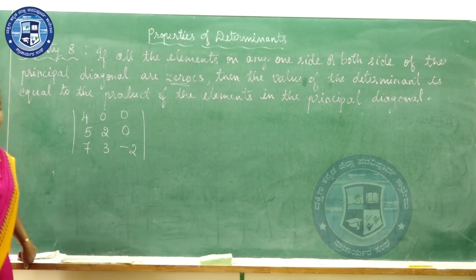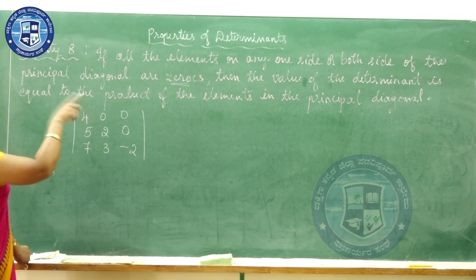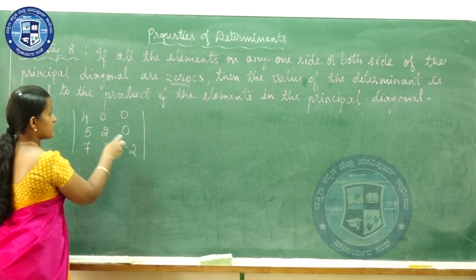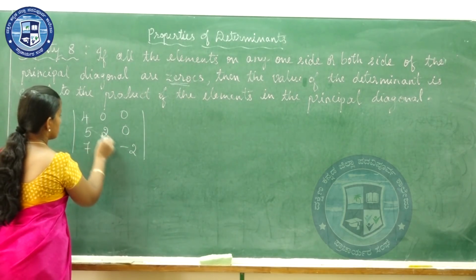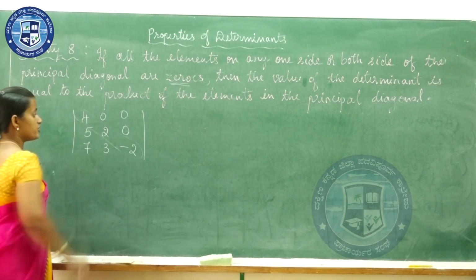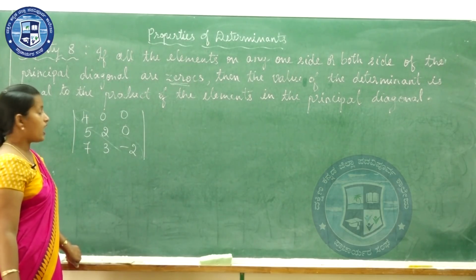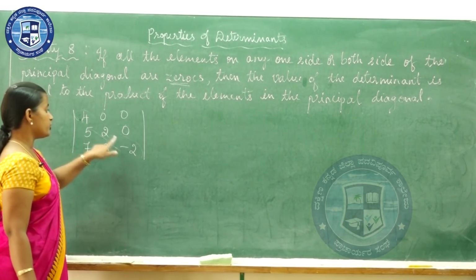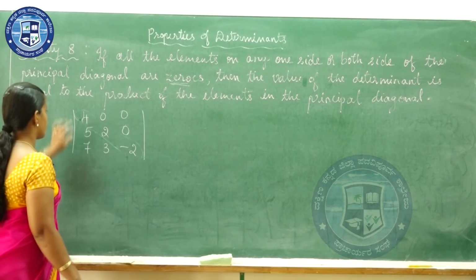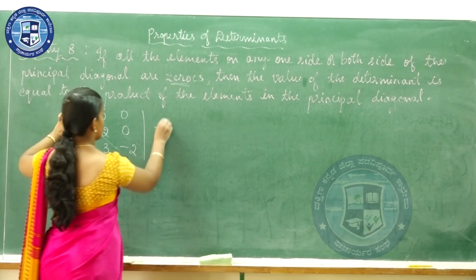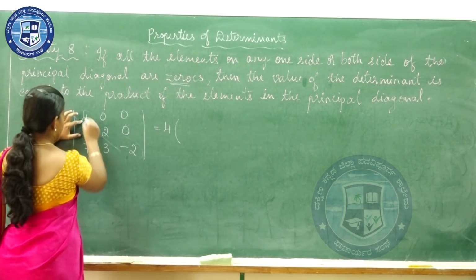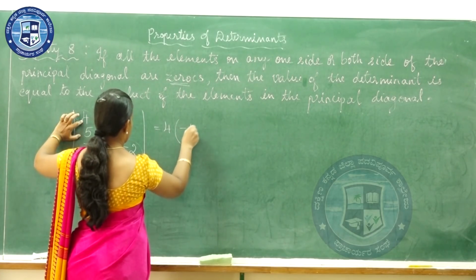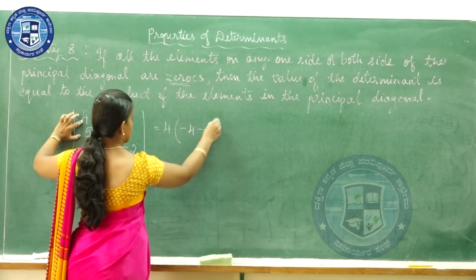So then what will be the value of the determinant? Value of the determinant will be equal to the product of the elements in the principal diagonal. So who are the elements? These are the elements of the principal diagonal. So according to the property, the answer should be 4 into 2 into minus 2. So let us verify. Let us expand the determinant first. 4 into, delete this, so 2 into minus 2 is minus 4 minus 0.